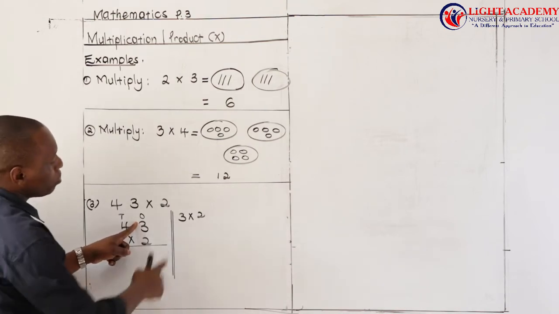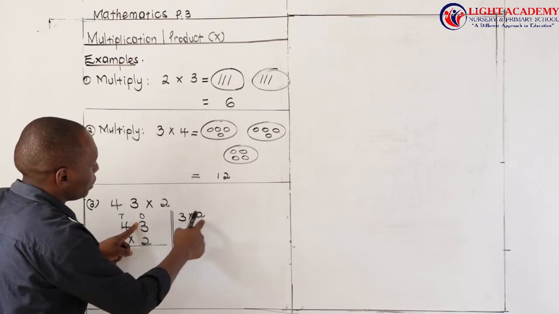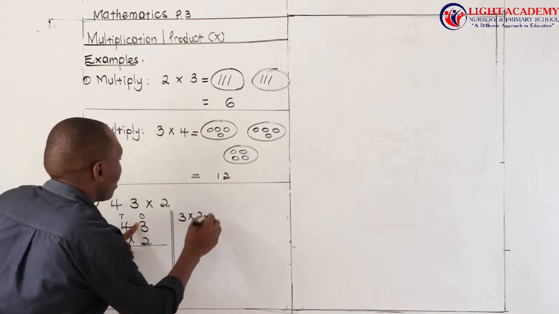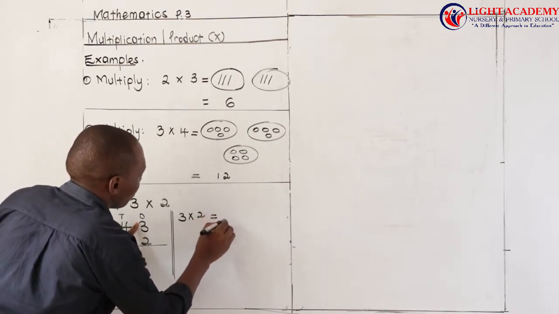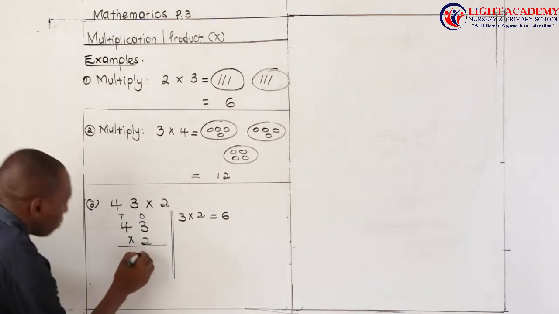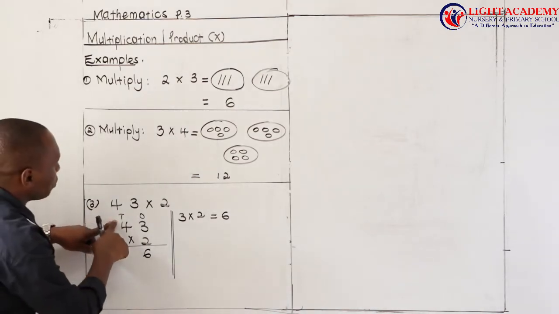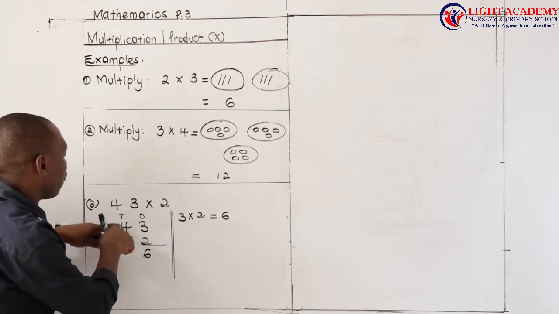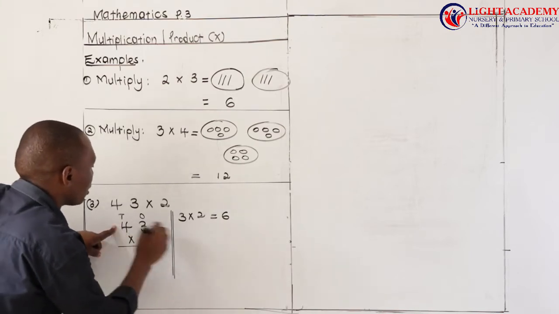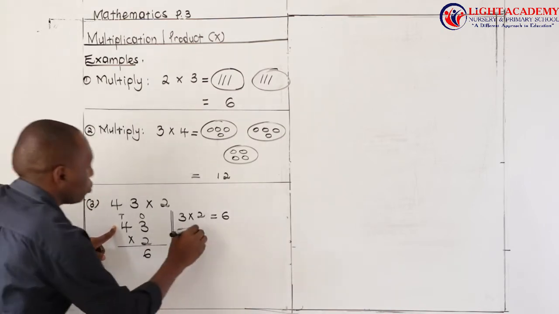Okay? When you look at the idea of groups, these are 3 groups, but each one has 2 items. And the answer we shall have here becomes 6. Okay? So we shall put our 6 under the 1's place value. Then we shall go to the next place value, which is the 10's place value. It has 4 10's. So I will say 4 10's multiplied by 2.